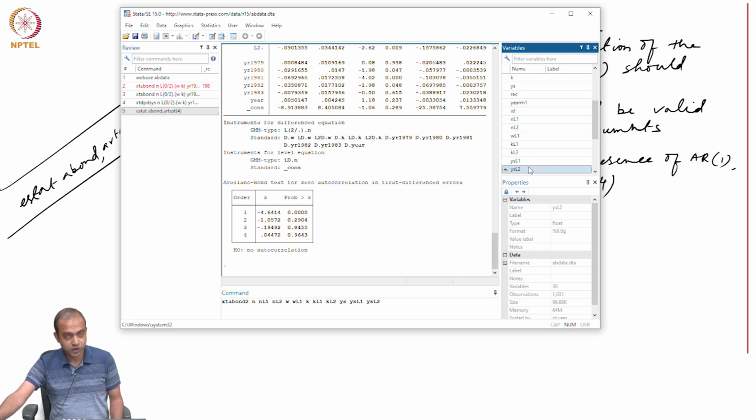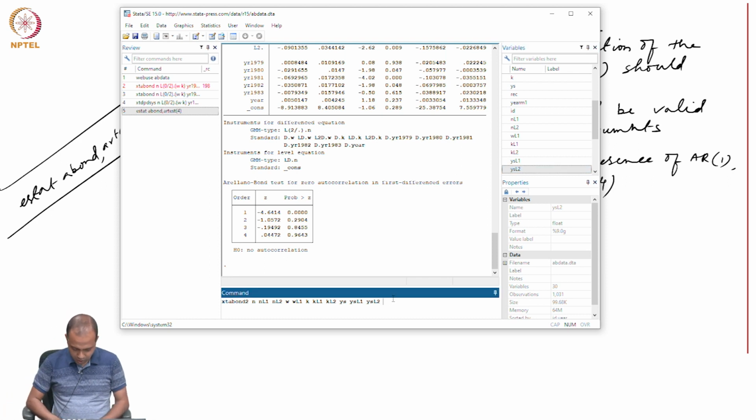So, first and second order lag of industrial output, and then what else I will take, I will put YR, that means year specific dummy, YR star.